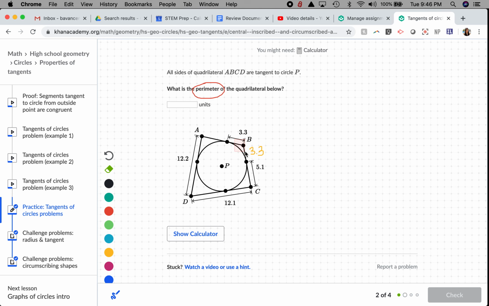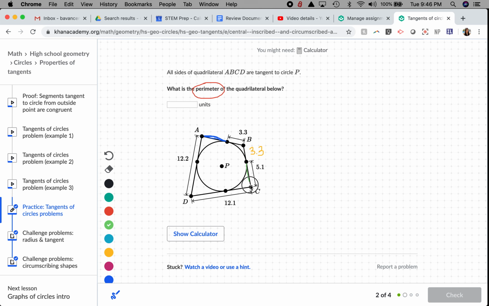All right, let's see what else we can figure out. The other thing that is missing right now is the measure of this line. But I don't think we can get to that until we figure out how long each segment is. So let's go one by one.